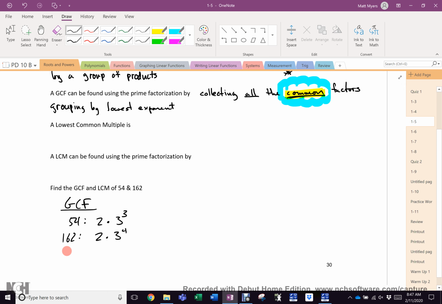So that means the GCF of 54 and 162 is 2 times 3 to the 3rd, which is 54. And that makes sense because 1 times 54 is 54. So 54 is a factor of 54. And 54 times 3 is 162. So 54 is also a factor of 162. Everybody cool? All right.